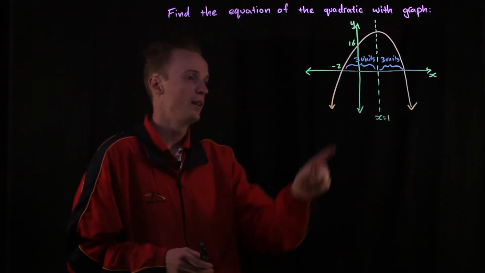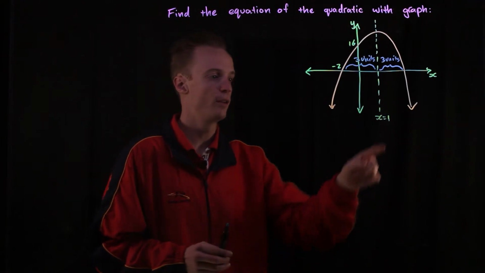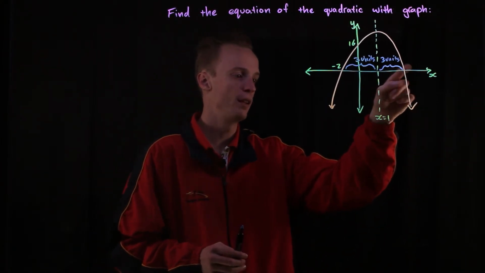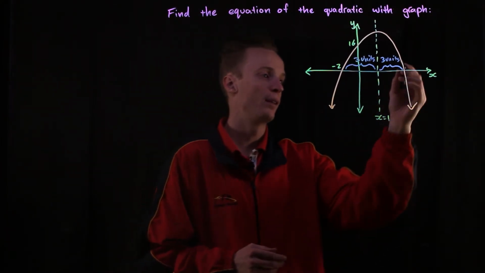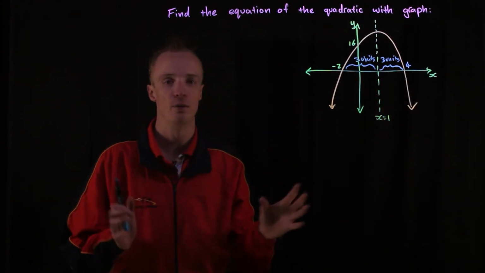If I do that, I'm essentially needing to add 3 onto my axis of symmetry to determine what this root here actually is. So 1 plus 3 will be 4. So the other root of my quadratic here is 4.